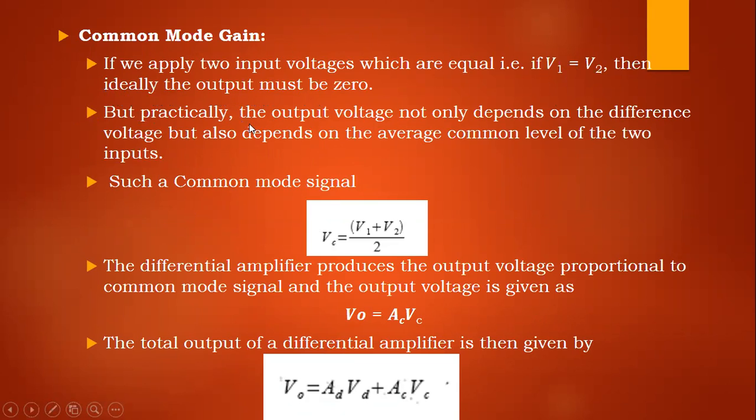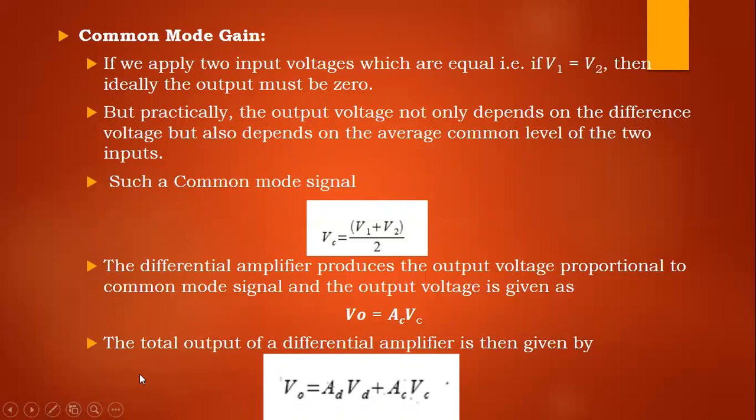But practically, the output voltage depends not only on the difference voltage, but also on the average common level of the two inputs. This common mode voltage, denoted VC, is equal to (V1 plus V2) divided by 2. In this case, the output voltage V0 is equal to AC times VC. Here AC is called the common mode voltage gain and VC is called the common mode voltage.